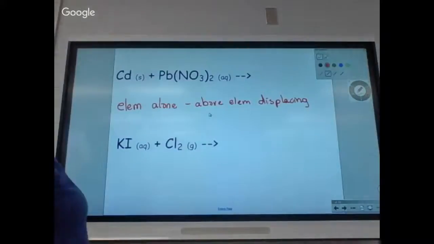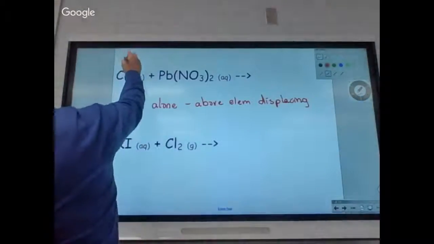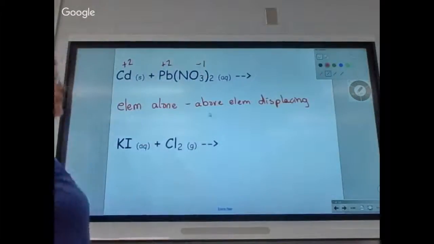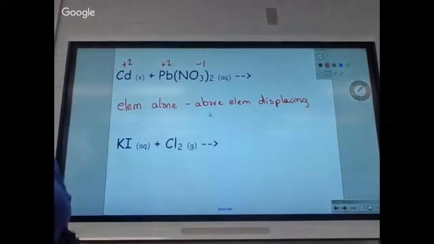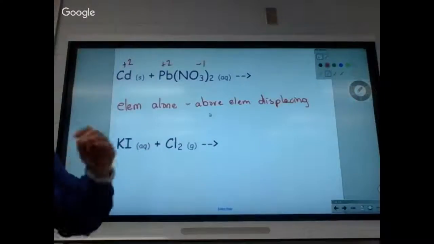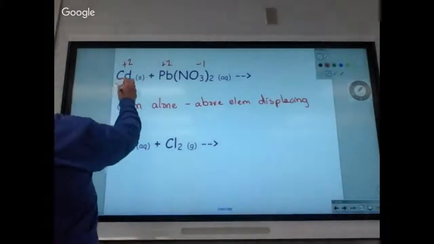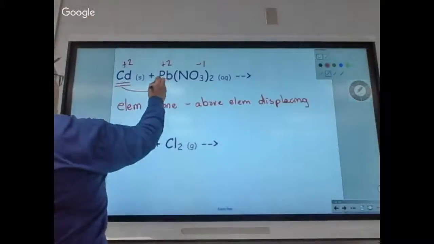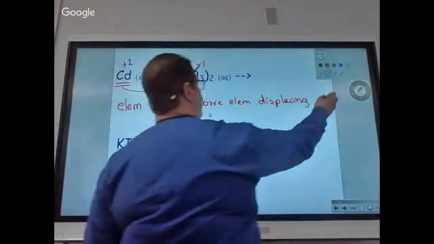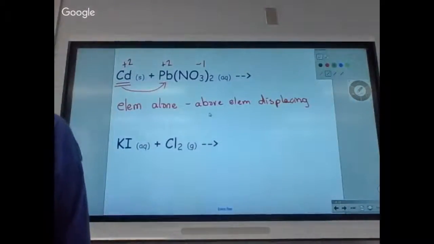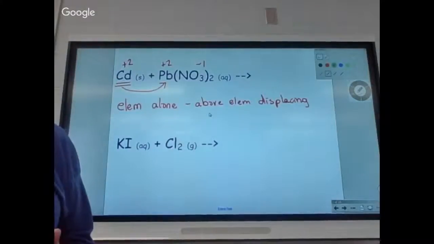Oxidation numbers. CD is +2, lead is +2, NO3 is -1. So who is displacing who? CD is displacing PB. The ones that are switching are displacing. So, since CD is positive and lead is positive, those are the two that are displacing.